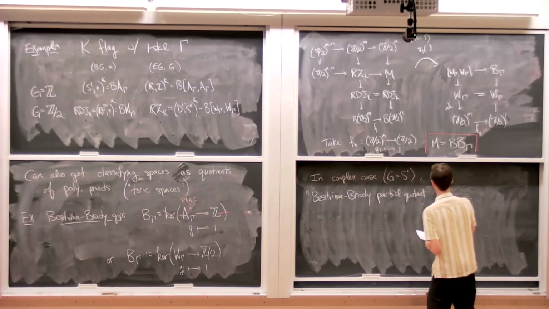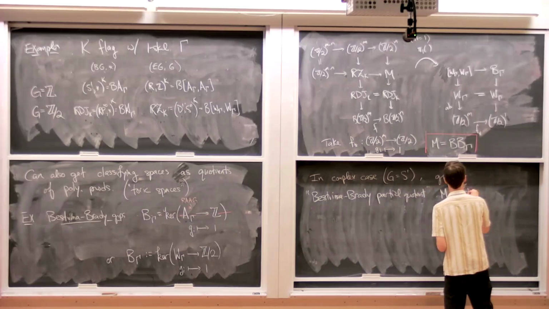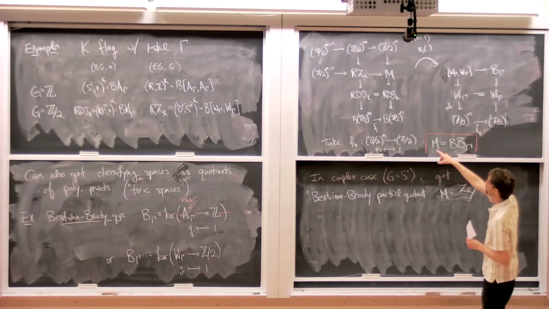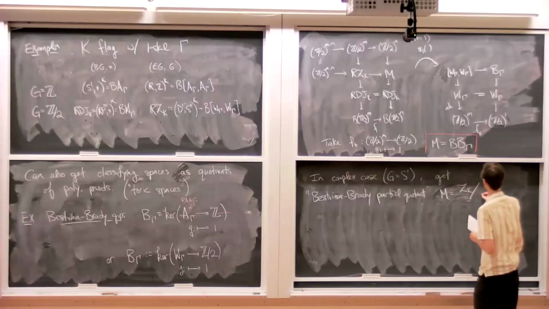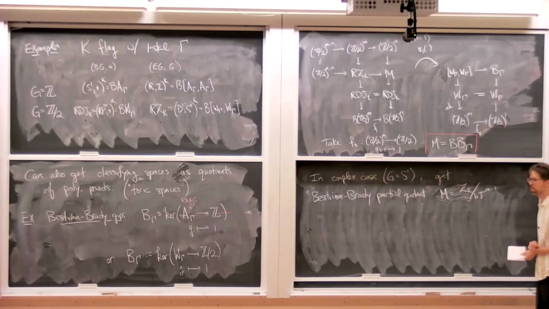Let me just keep calling it M, even though it won't necessarily be a manifold, but it's going to be the exact same thing as up here, right? Z_K modulo, instead of a Z mod 2 to the m minus 1, it's an m minus 1 torus. H here indicates the homotopy quotient.